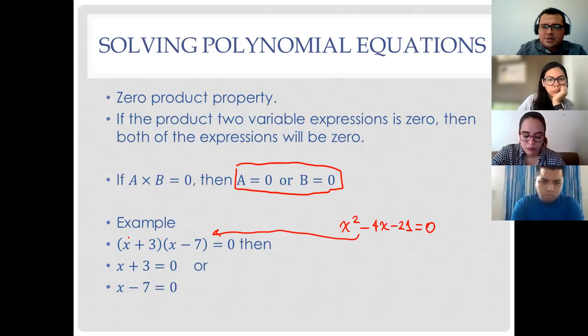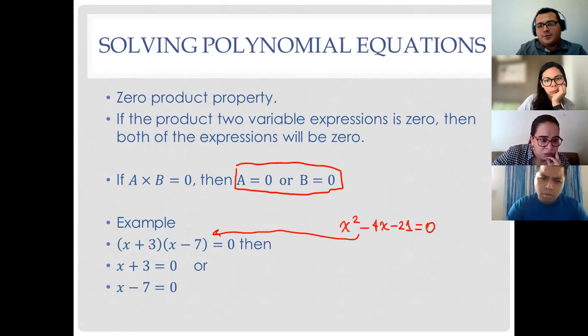What is the name of this expression, x plus 3? What kind of expression? Checking the degree, checking the amount of terms. What is the name it received? Do you remember? Factor. Linear. It's linear. Okay, it becomes a linear binomial, but it's okay if you say linear. It becomes a linear expression.